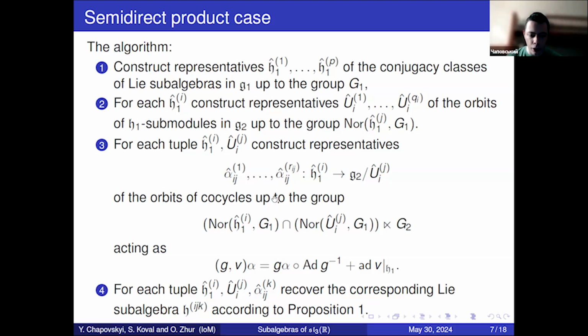It is worth mentioning that if we look at the action of group elements on cocycles alpha, we will see that if J is an identity, this action corresponds to cohomological equivalence between cocycles. And we actually briefly make use of this fact by using Whitehead's lemma in one of the cases.